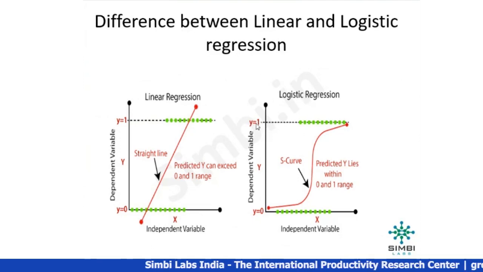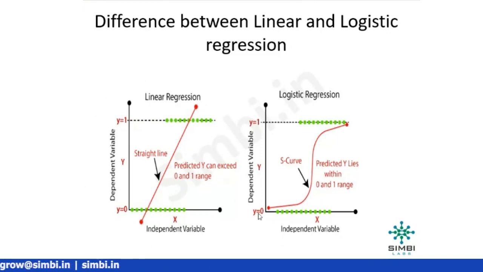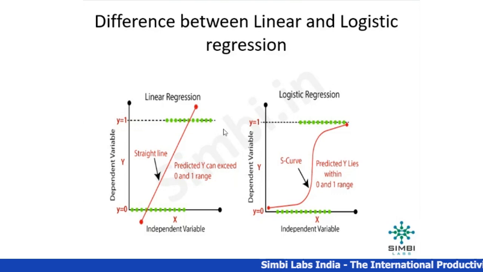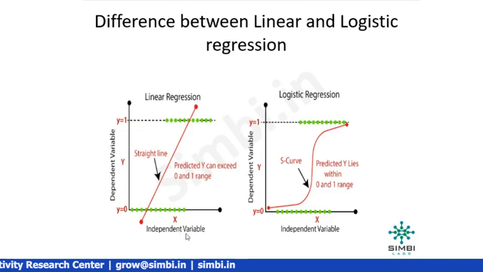That is what we check in logistic regression. Here we can see the curve. The curve goes from 0 to 1, from y equal to 0 to y equal to 1. That means the curve tells you the probability that a salary is based on its independent variables or not.